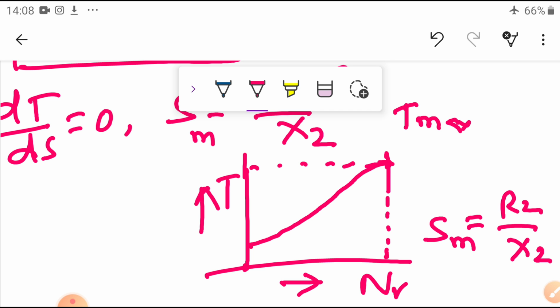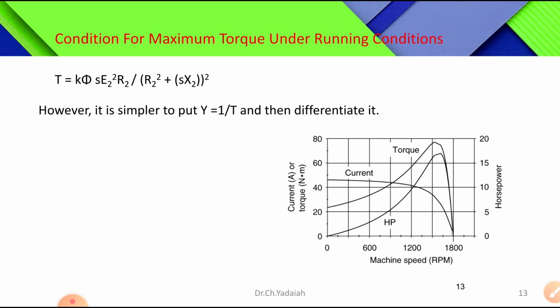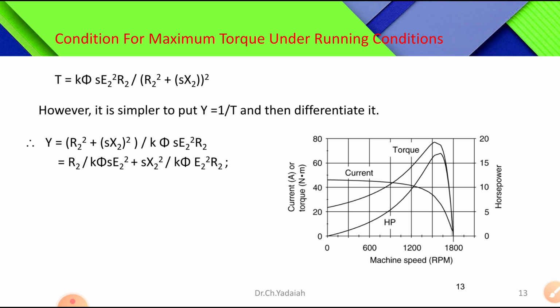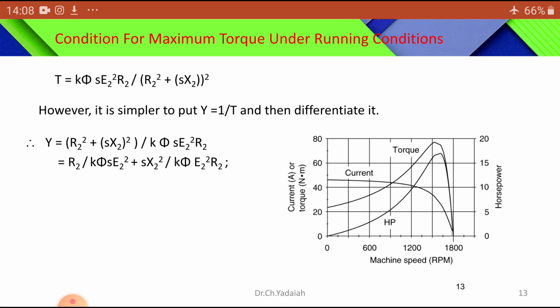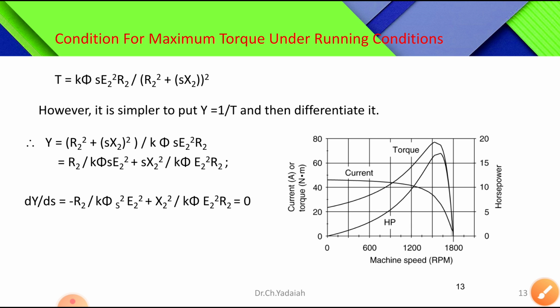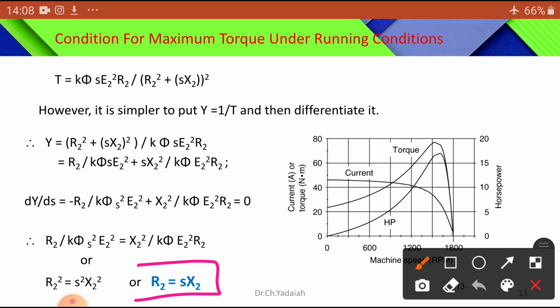Now let's see here also the same thing. You can see here we take another variable y, which is 1 by Z. I took this for simplification, no problem, you can do it any way. So we get a simple equation, dy by dS, and then finally we get this equation.